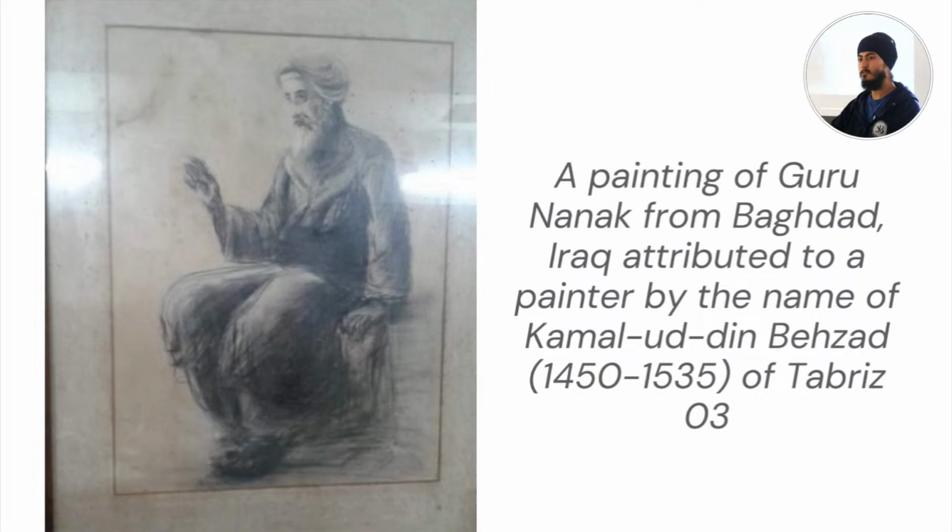But there are so many historical references to what Guru Nanak Dev Ji must have dressed like. There's Gurbani as well that explains that when they went to Mecca, there were blue robes. So there is reference that you can make, but historically there haven't been any actual findings of a true likeness. This is probably the closest that you'll get. And so these are the sort of imagery you find.